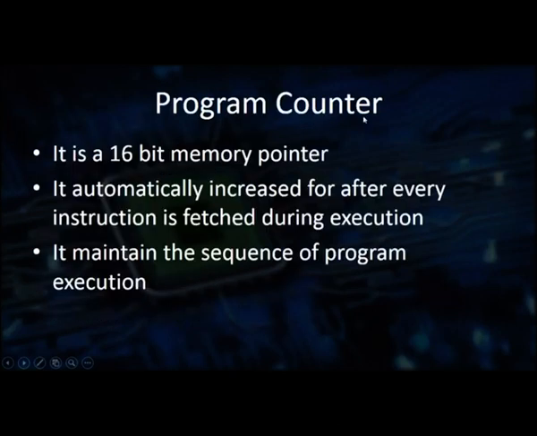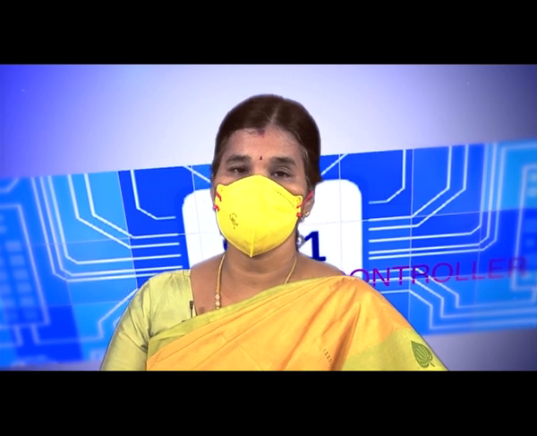Program counter. The program counter is a memory pointer, which automatically increases its address during the fetching of each instruction. That is why it is used to maintain the sequence of program execution. Once we press the reset button, the program counter will be initialized to 00, that is, the program counter value is cleared.